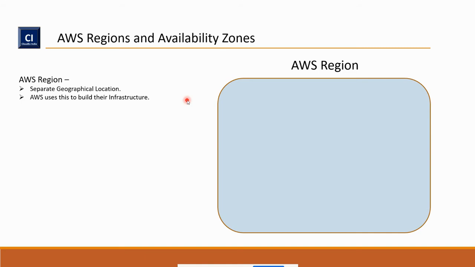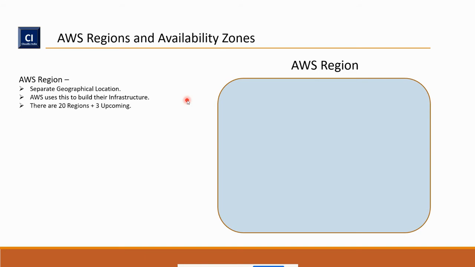In India, the infrastructure is built under the Mumbai region. Similarly, for other locations like Singapore, Australia, or China, that is the home location where AWS is building its infrastructure. You can say it is a house of AWS. So you can select the regions as per your convenience or nearest location.